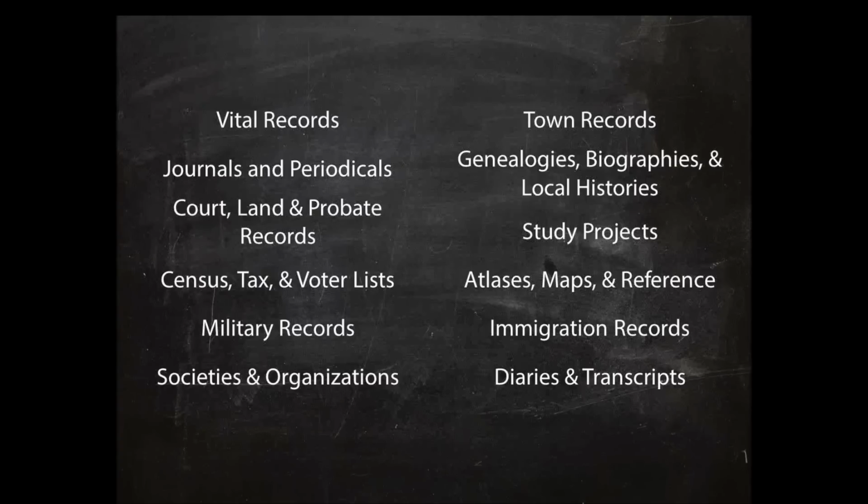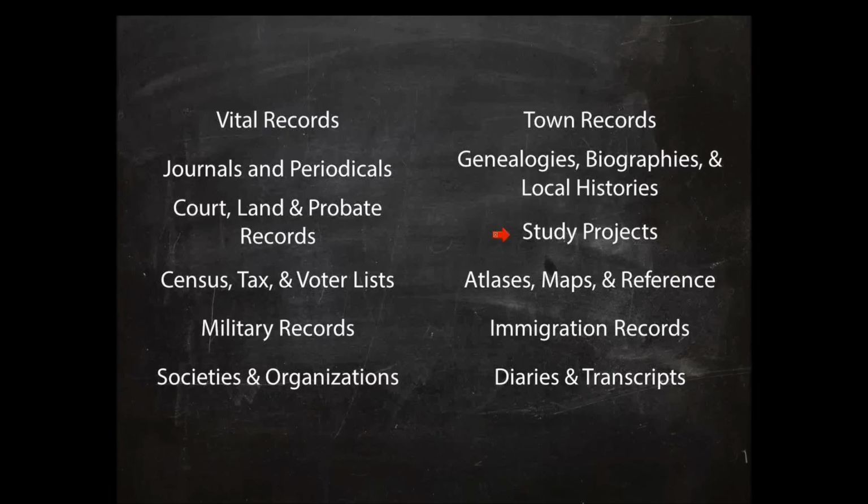Now, among these collections, we have vital records, town records, diaries, military records, voter lists, maps, and a lot more. But some of the things that make our collection really special are a collection of journals and periodicals from genealogical societies throughout New England, such as our own New England Historic and Genealogical Register, as well as the New York Genealogical and Biographical Record.